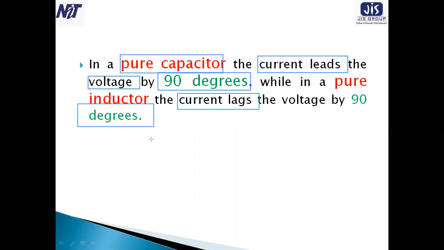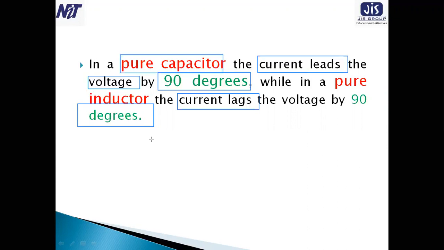This concept is very important. Please remember this. For a pure capacitive circuit, what is the relation between voltage and current? For a pure inductor, what is the relation? The relation between these two is very important to calculate the circuit and to understand the electrical system, maybe the transmission and distribution system, or the operation of different types of motor, generator, alternator.